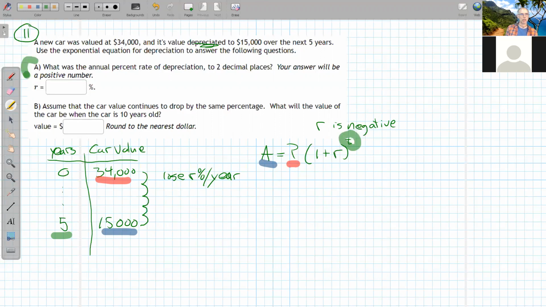So that's step 1, part A here. So plugging in, I have my future amount is 15,000. I have my present amount is 34,000, the initial amount, times 1 plus R. I'm trying to find the R, but I know T is 5. And so our job here again is to solve for R.